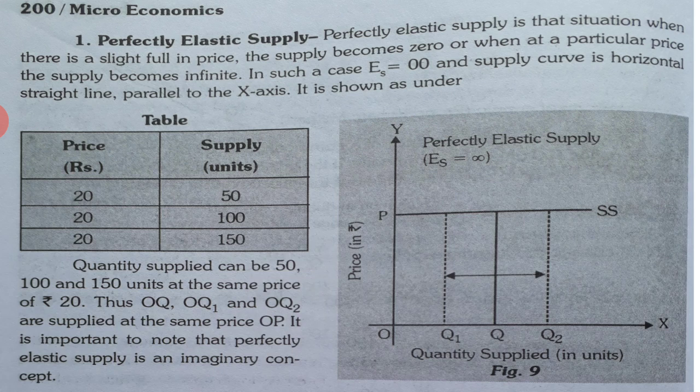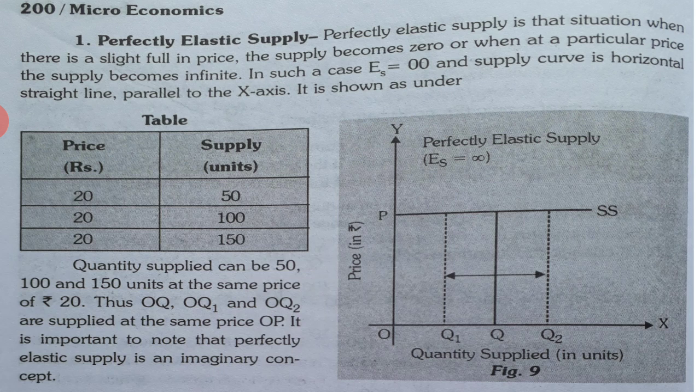No way, not at all. It's not possible. So this phenomenon is considered an imaginary situation in economy. But you remember this, the supply curve is always a horizontal straight line which is parallel to x-axis here, and here the elasticity of supply will be infinite.